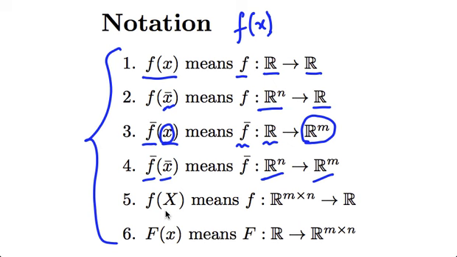When I capitalize it and write capital X, so f of capital X basically means that the input is a matrix, an m cross n matrix, and the output is still just a real value. And the last setting is where I write capital F of x, and in this case it takes in a real value and the output is a matrix.